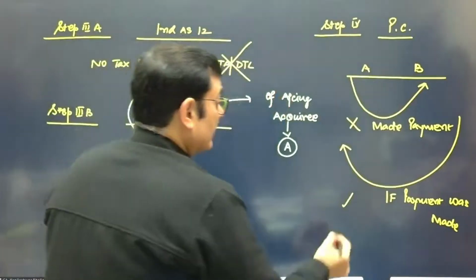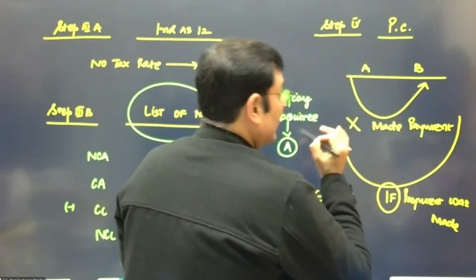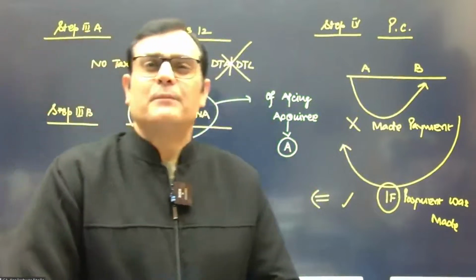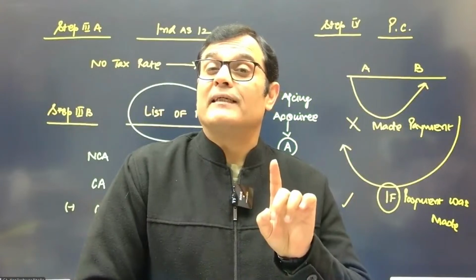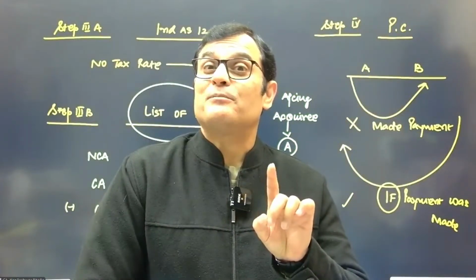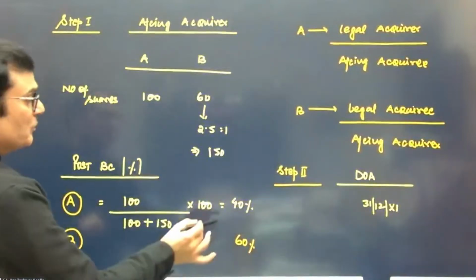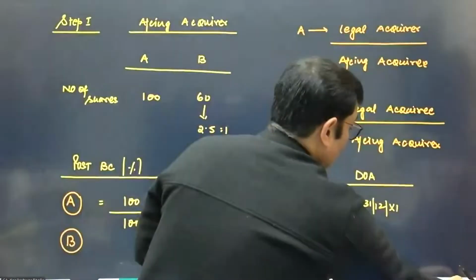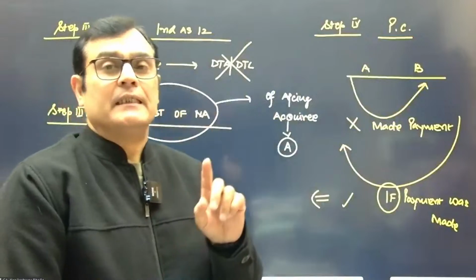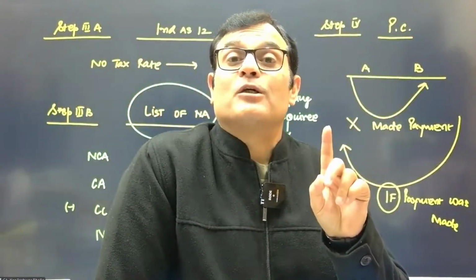The standard says that if the payment was made by B to the shareholders of A, it should be in such a way that he maintains the same percentage of 60%. Remember, when we did the first step, we said A gets a 40% stake and B gets a 60% stake. So we want to make the calculations in such a way that B wants to maintain a 60% stake post-business combination.